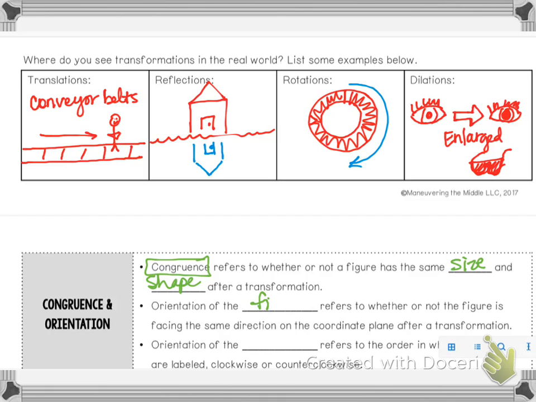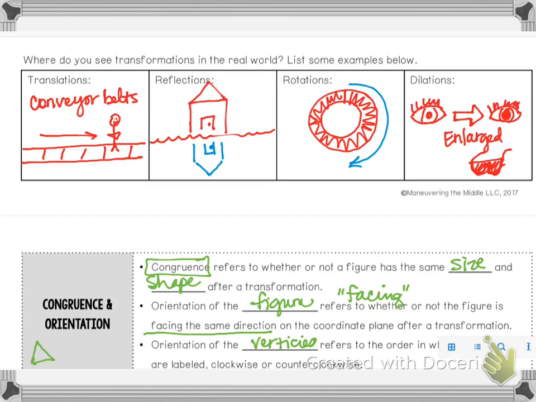Orientation of the figure refers to whether or not the figure is facing the same direction on the coordinate plane. So orientation of the figure, which way is it facing? Orientation of the vertices refers to the order in which your vertices are labeled.